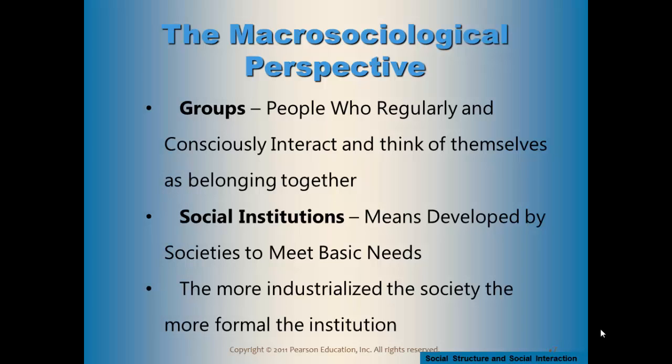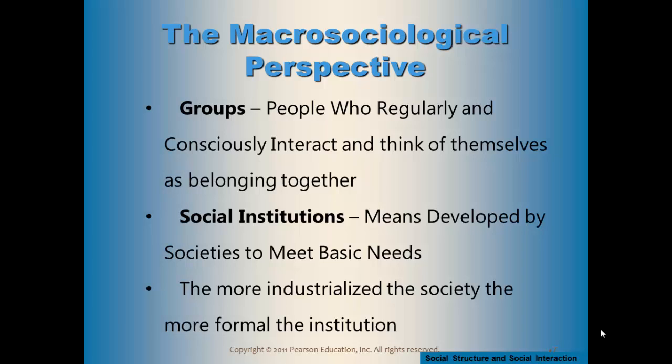The institutions include things we talked about: education, family, religion, law, the military, the media, and on and on. I think our text identifies around 15 different institutions in society, and we'll be studying many of them this semester.